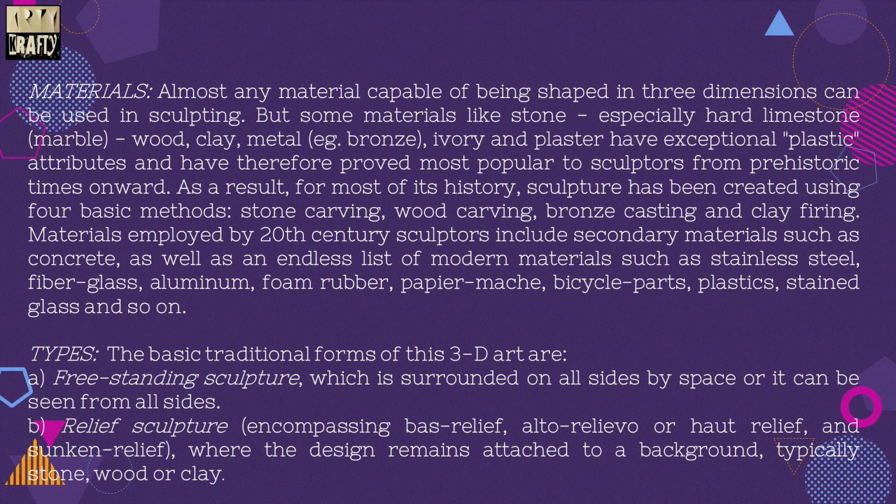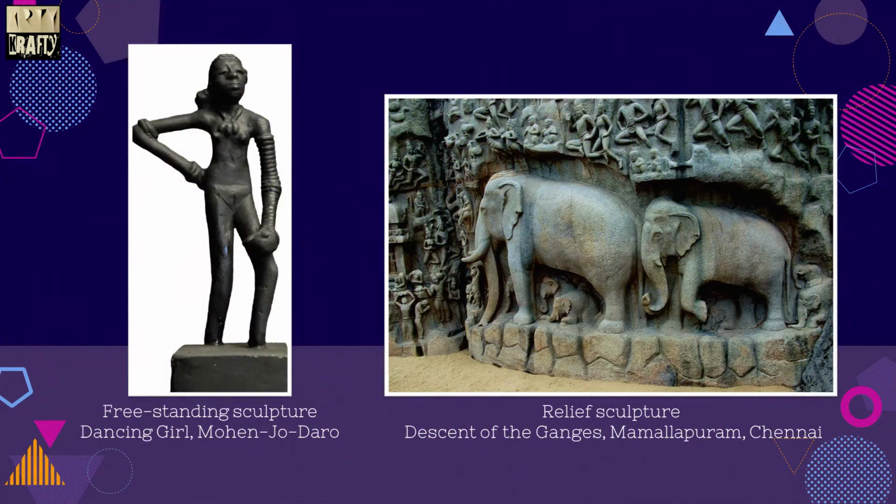Relief sculpture encompasses bas relief, alto relievo or haute relief and sunken relief, where the design remains attached to a background, typically stone, wood or clay. Dancing Girl of Mohenjo-daro shows free-standing sculpture. Descent of the Ganges of Mamallapuram, Chennai shows relief sculpture.